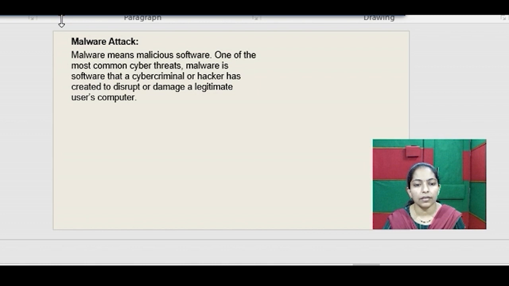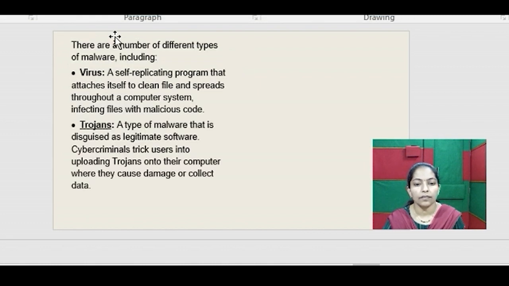A virus is a self-replicating program that attaches itself to a clean file and spreads throughout a computer system, infecting files with malicious code. Means a virus is a program, or coding, which is self-replicating and attaches to a number of files to spread throughout a computer system.